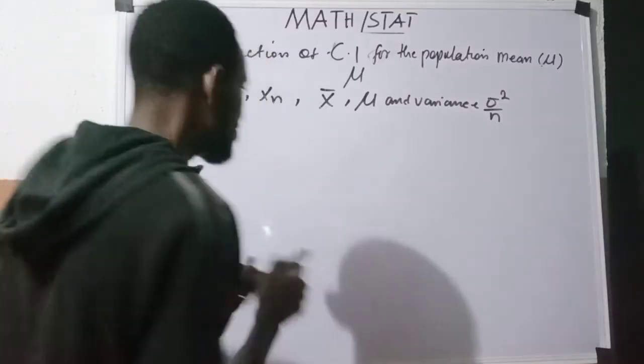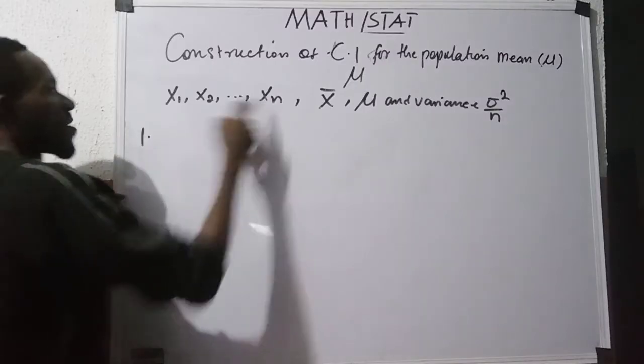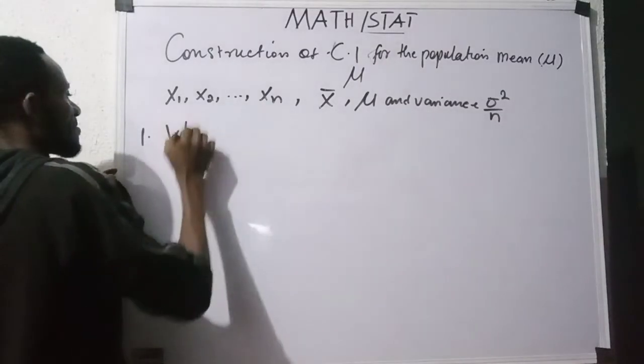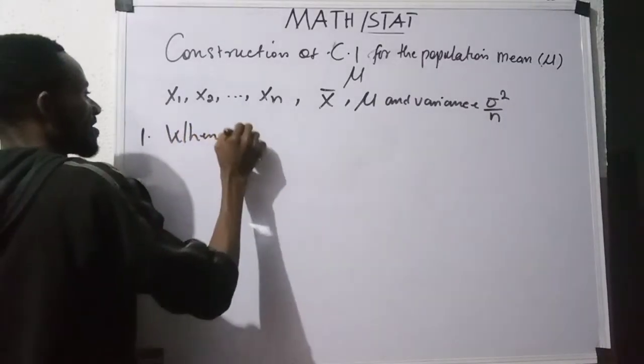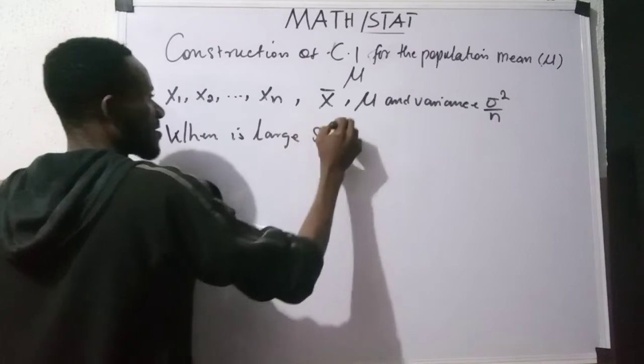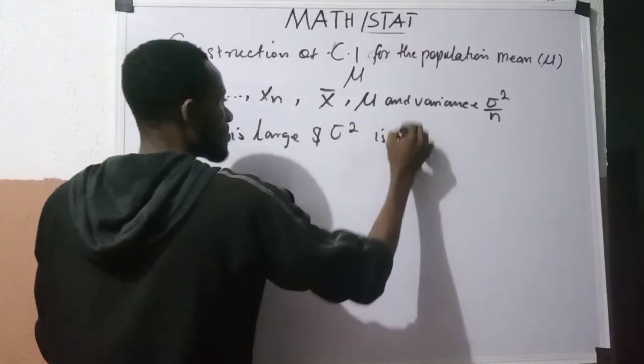So I'll give a condition. Number one condition: when n is large and sigma squared is known.